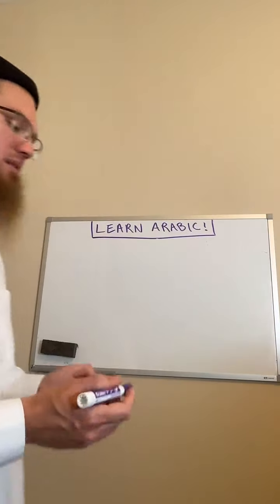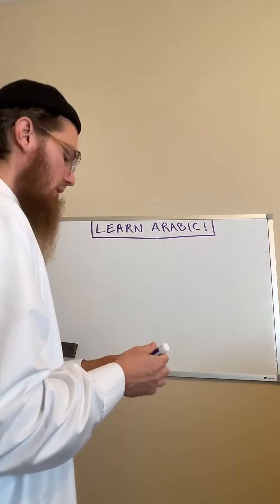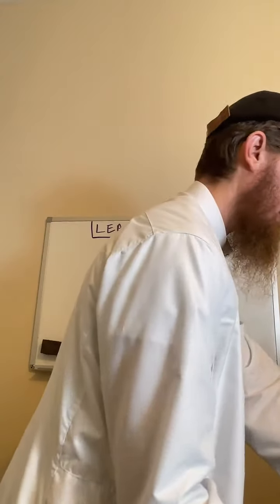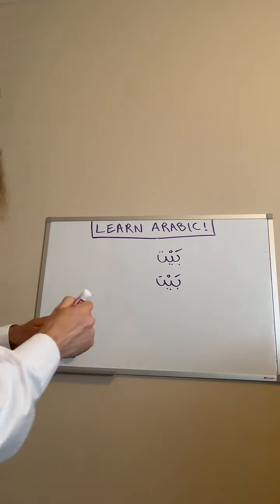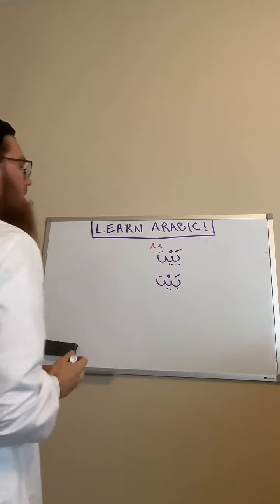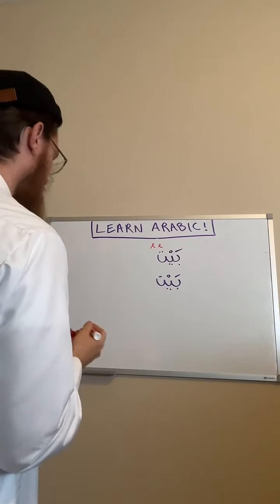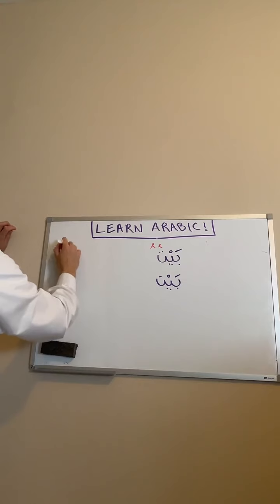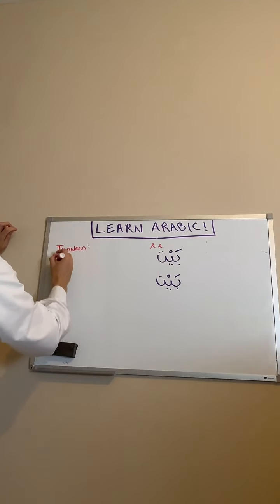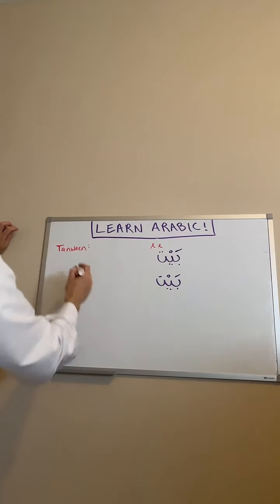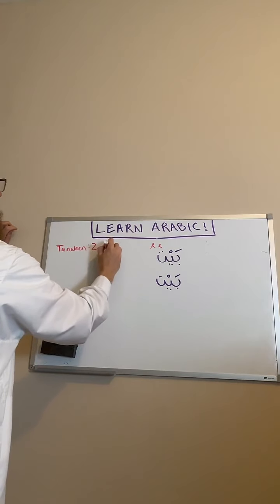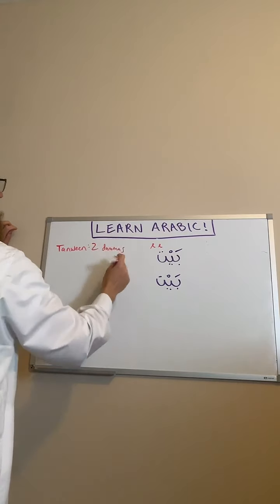Okay, so basically, just to summarize that lesson, the main thing to pay attention to is that if something is indefinite, it's going to have tanween, okay? Tanween, we'll say for the sake of this lesson, has two dhammas, okay?